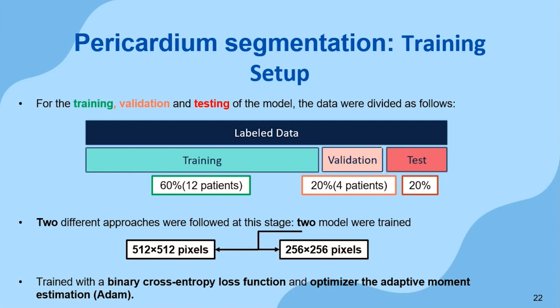So a model with 512, the original image size, and another with 256 pixels. The binary cross entropy function was used for the loss, and the Adam optimizer.